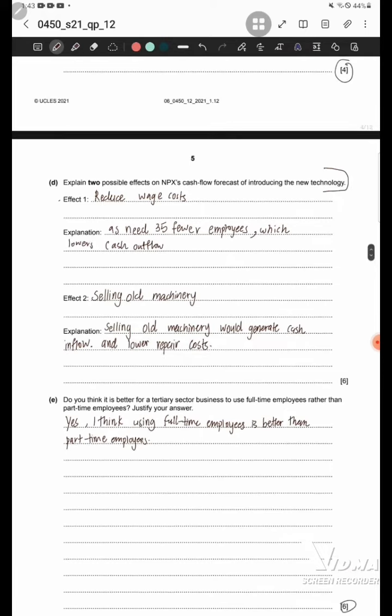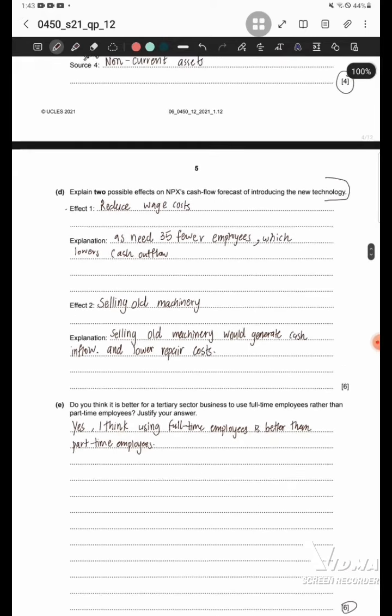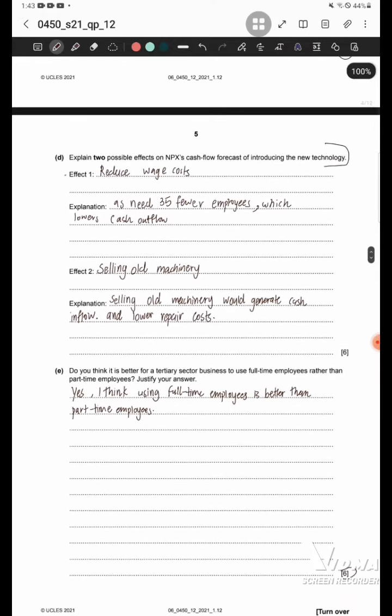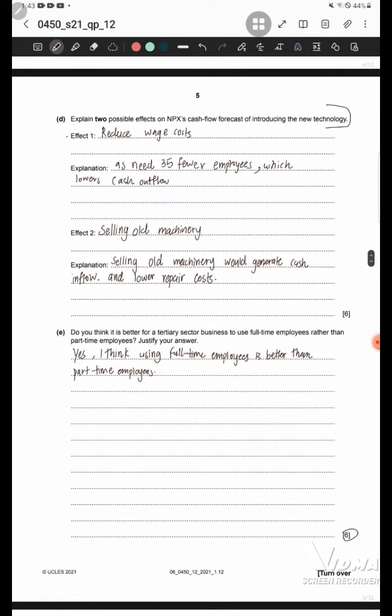You also have to justify, as said here, where you have to go against your chosen point. You have to state the cons for full-time. There are a lot, but part-time has more cons than full-time.